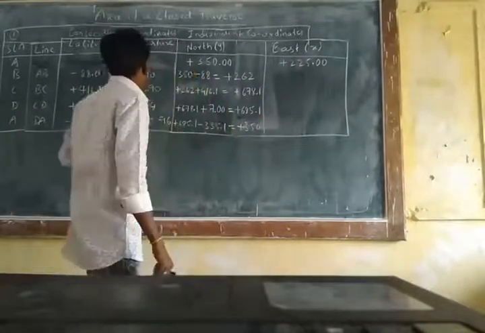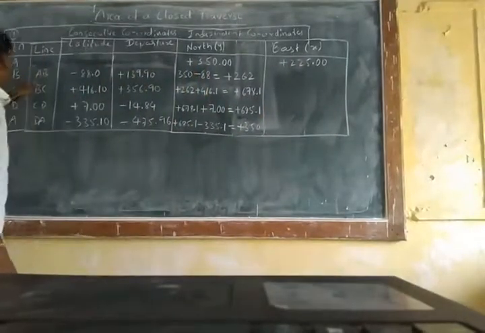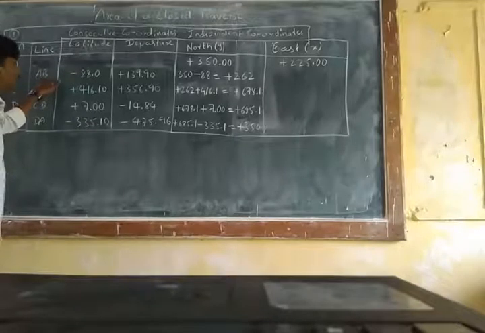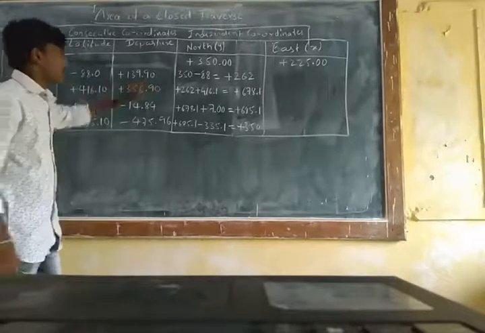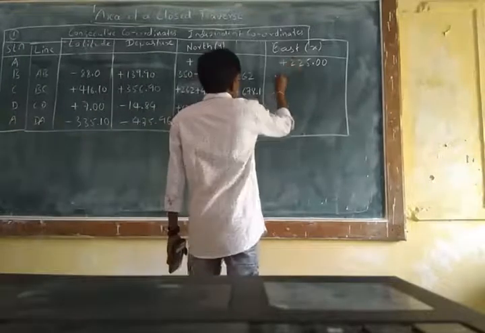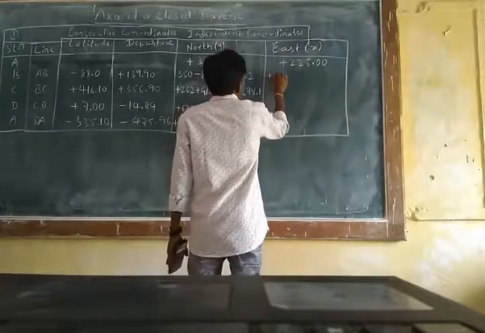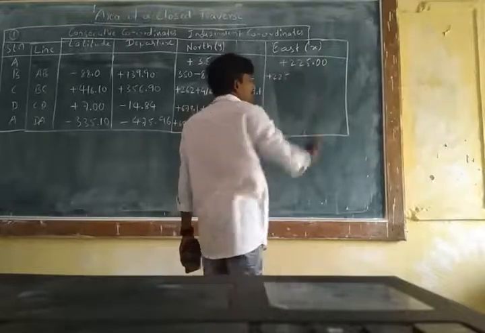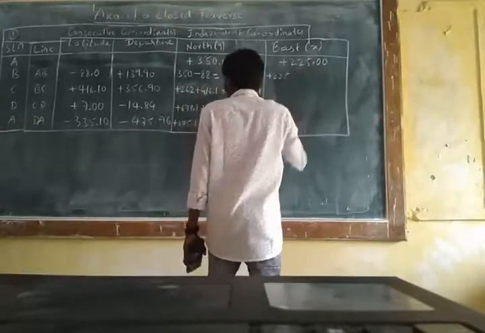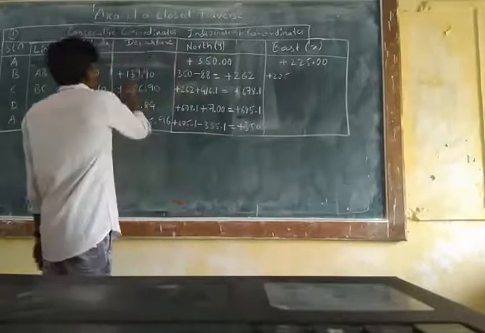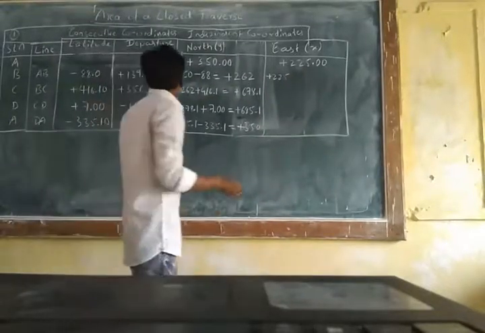So this is the arbitrary value I have assumed. Now let's calculate for the station B. So the AB line has plus 139.9 departure. So just write the same here, plus 225. So just neglect the 0.00 here. The value will be 225 only. Now we have to write this departure.